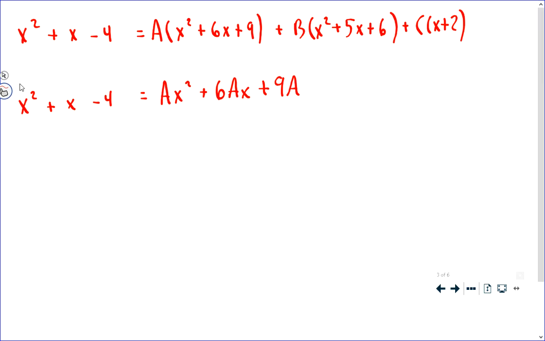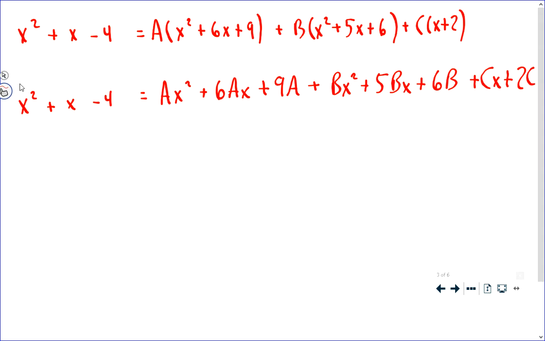I'm going to multiply that b through the trinomial x squared plus 5x plus 6 to get bx squared plus 5bx plus 6b. And I'm also going to multiply the c through that binomial to get cx plus 2c.